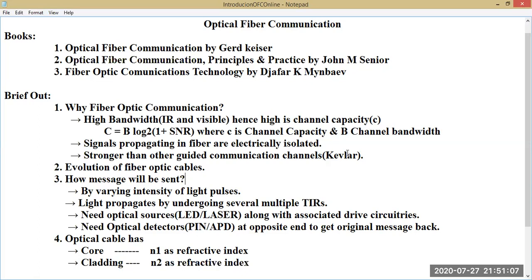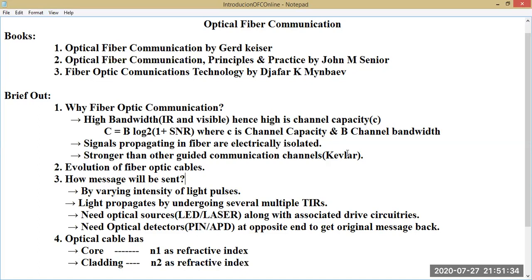However, they were not used then. The reason for not using them was their higher attenuation. The attenuation provided by those optical fiber cables was greater than 10 decibels per kilometer.